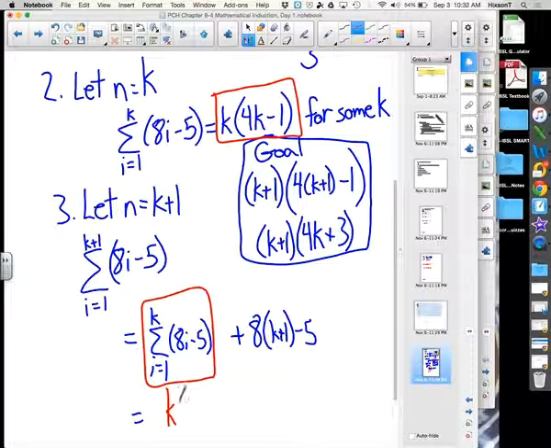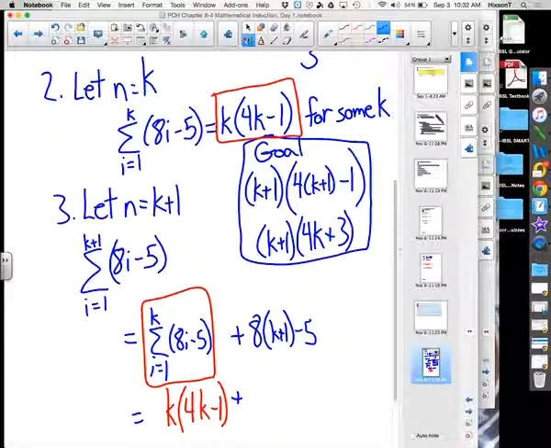So k times 4k minus 1 plus, and I'll simplify this a little bit, 8k plus 8 minus 5 is a plus 3.